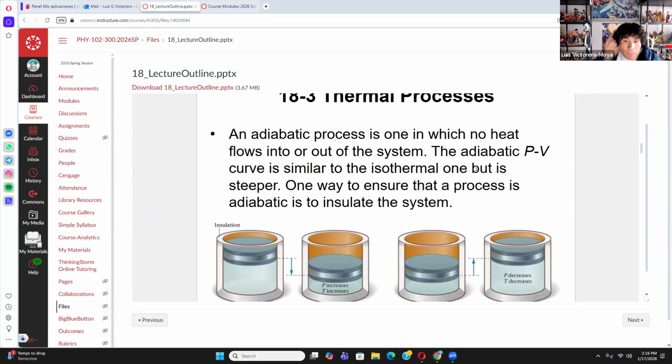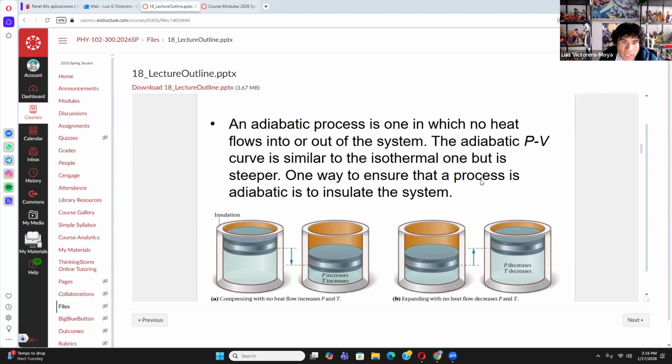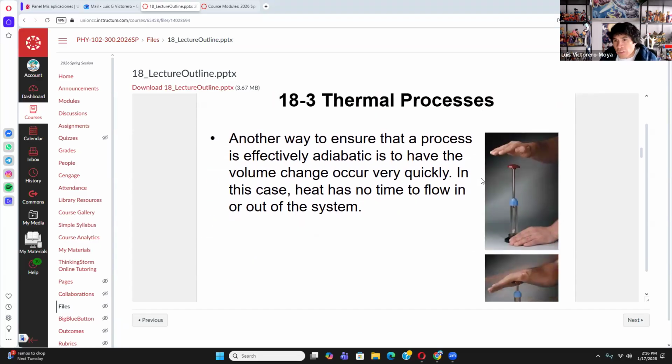And in an adiabatic process, in which no heat flows into or out of the system, the PV diagram is also a curve, but all the work is equal to negative the change in internal energy. That's because Q is equal to 0.